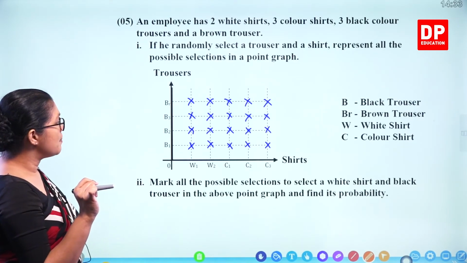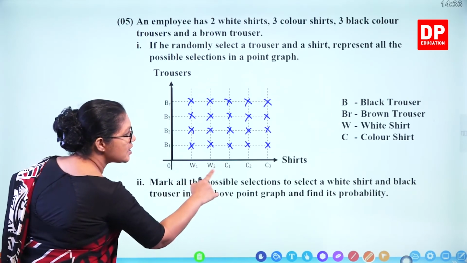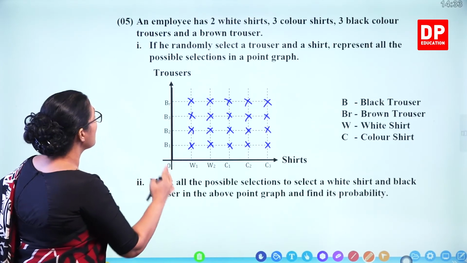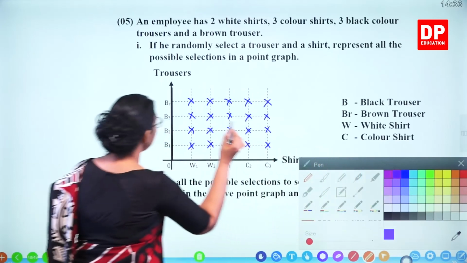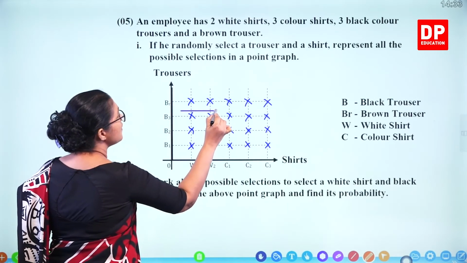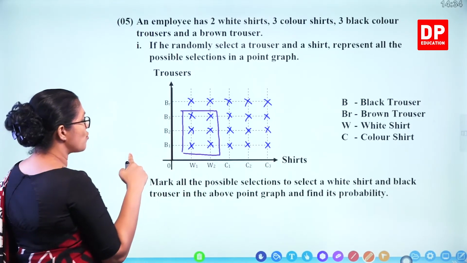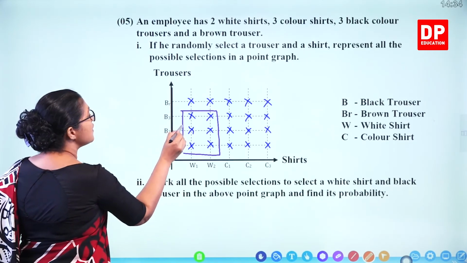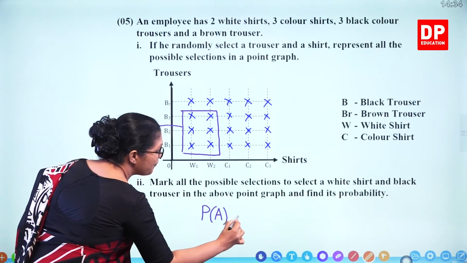Mark all the possible selections to select a white shirt and black trouser. So which part? This one. White shirt and black trouser in the above point graph, and find its probability if it's A. So what's the probability of getting A?